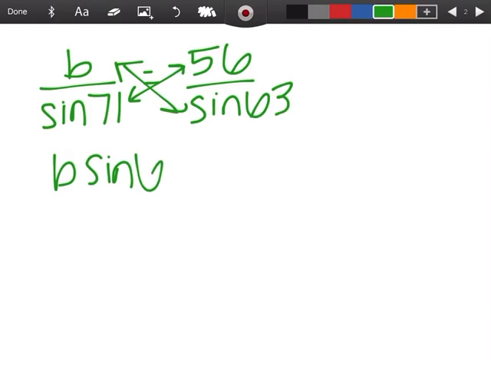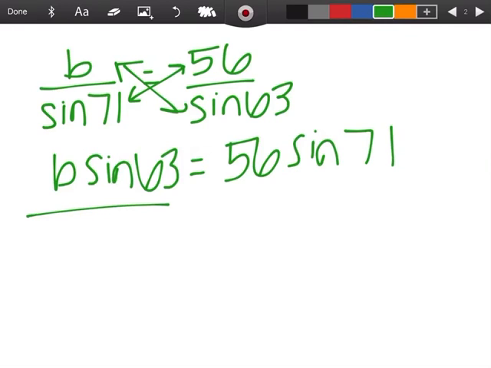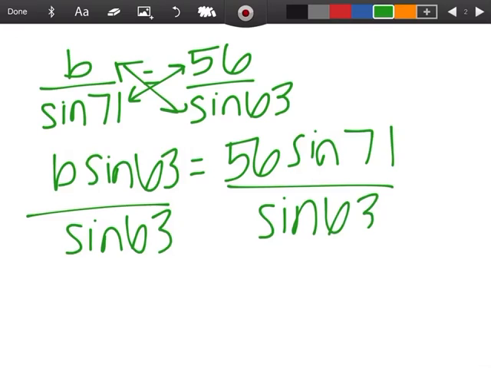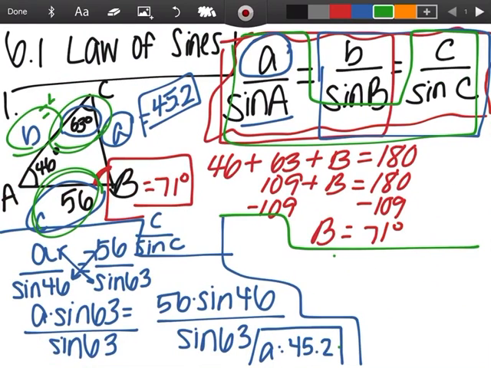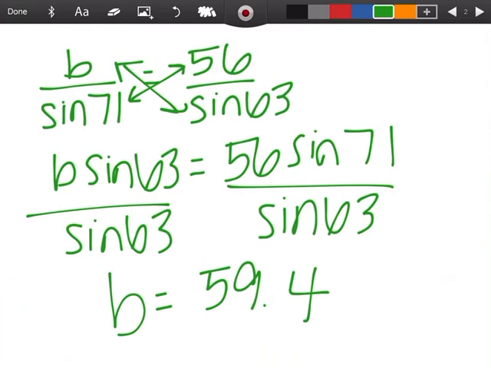B times sine of 63 is equal to 56 times sine of 71. Divide by sine of 63, so B is 56 times sine of 71 divided by sine of 63, which is 59.4. So side B is 59.4. I have solved the triangle because I know all three sides and all three angles.